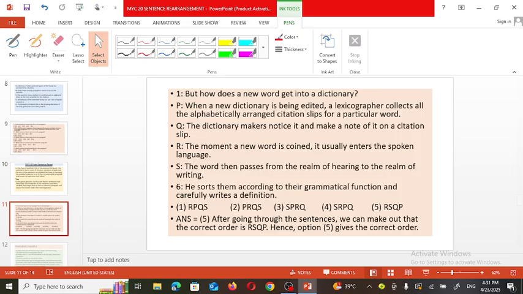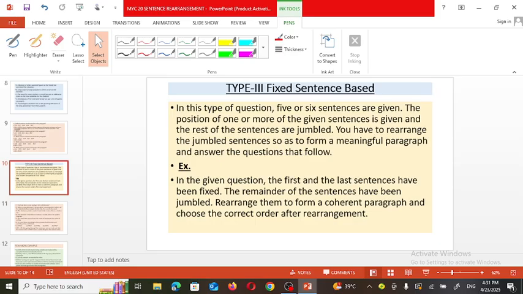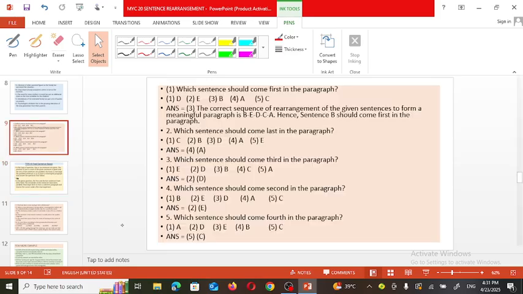But in the second type of question, you need to write which one will be the first, which one will be the last, which one will be the second, like that. Therefore we need to find out the sequence of the sentences. Now, which sentence should come first in the given paragraph?